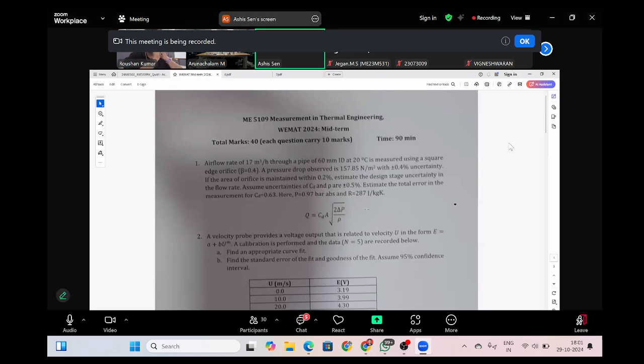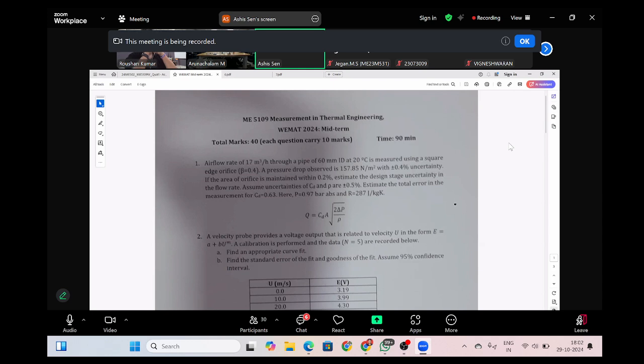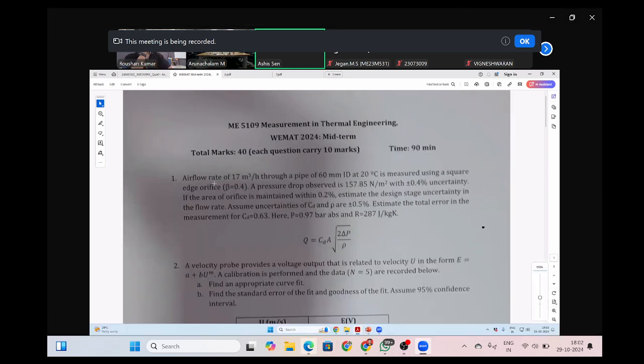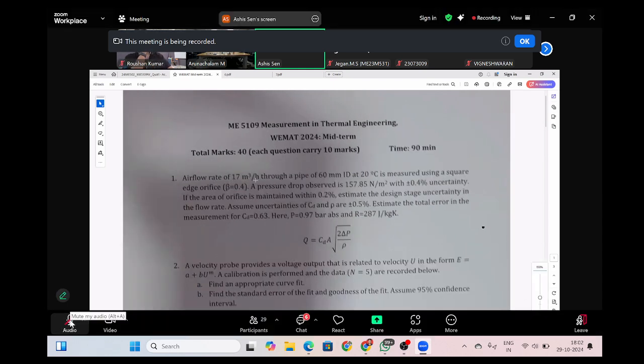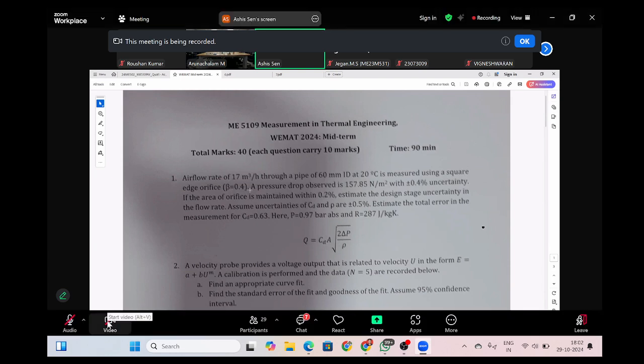So the first question was related to propagation of uncertainty. The question says that air flow rate of 17 meter cube per hour to a pipe of 60 millimeter internal diameter at 20 degrees centigrade is measured using a square edge orifice of beta 0.4.